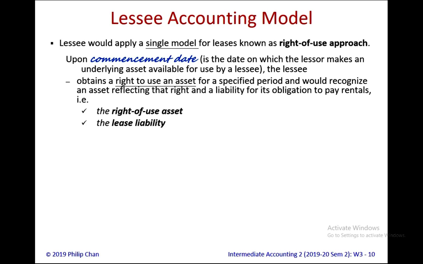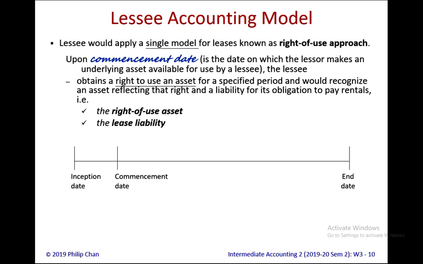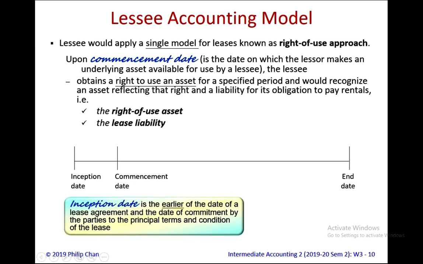That's the principle. Now just to give you some ideas, commencement date doesn't have to be the date the two parties sign a contract in reality. They can sign the contract at inception date, which is the earlier of two dates: the date where the two parties sign the agreement, and the date of the commitment by the parties to the principal terms and conditions of the lease. If the lease contract does involve a great amount of money, and maybe is long term, it is likely that both lessor and lessee would sign a memorandum first before they sign the actual contract.